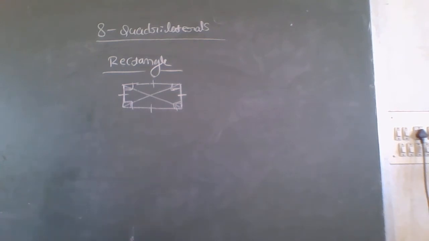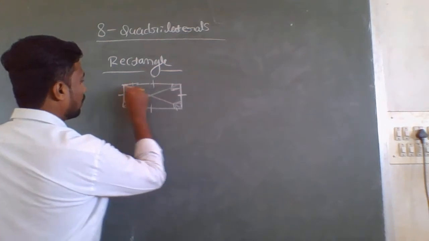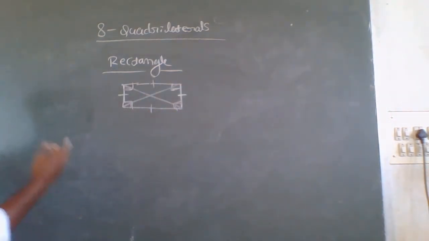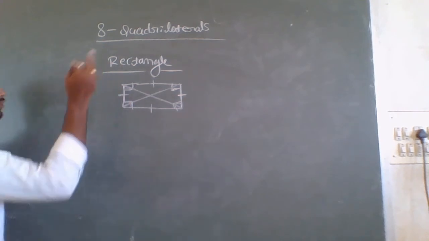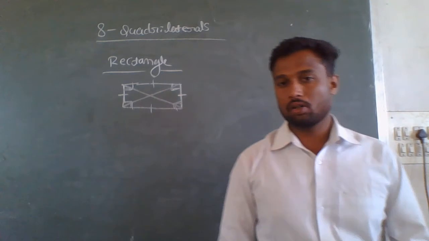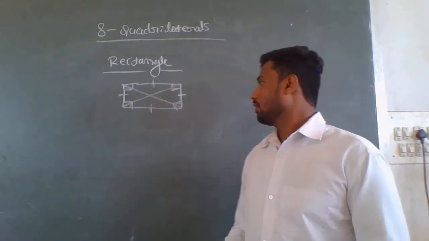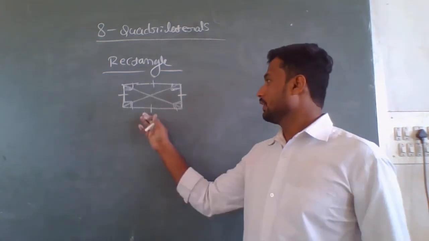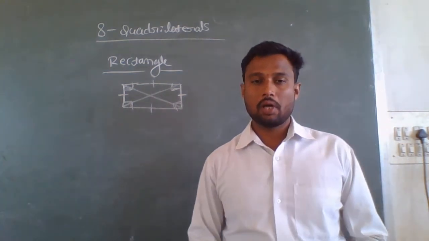And diagonals are equal here. These two diagonals are also equal to each other. So this is another additional property of a rectangle. So what is a rectangle? This is a parallelogram where all the angles are 90 degrees, and it has all the properties of a parallelogram.